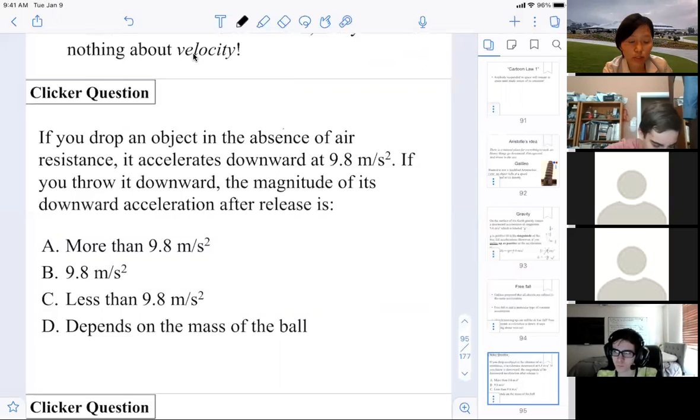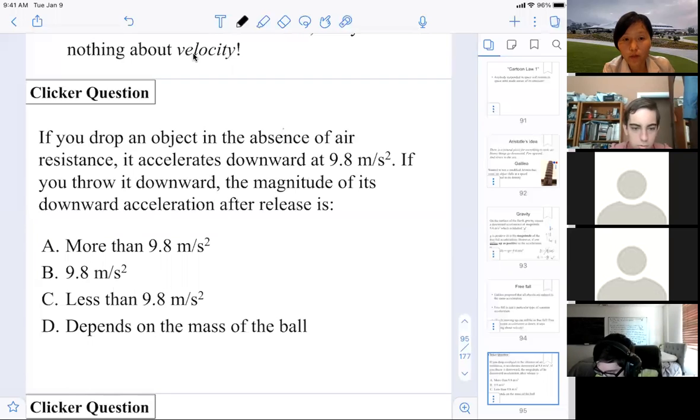So let's look at this question. If you drop an object in the absence of air resistance, now when we say an object has an acceleration of 9.8 meters per second squared, we have already ignored air resistance. If you do have air resistance, obviously it will not be 9.8.